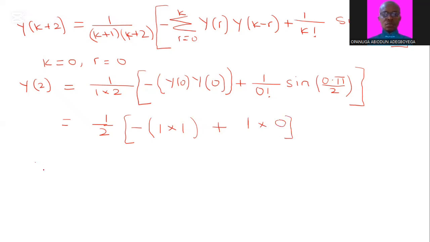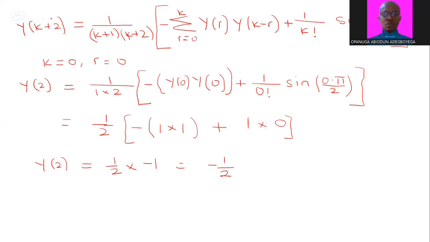Simplifying this, we have Y(2) equals 1 over 2 multiplying negative 1, which is minus 1 over 2. So this is the result when our k is 0, and r is 0.